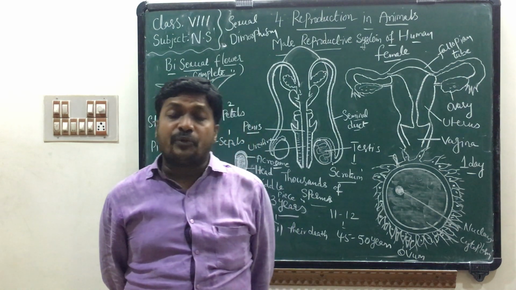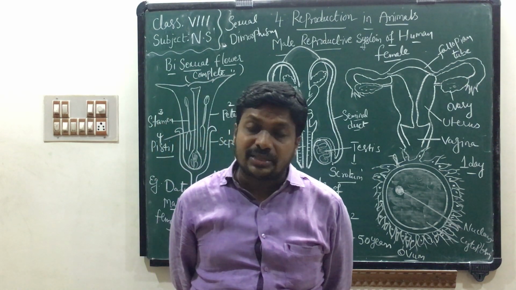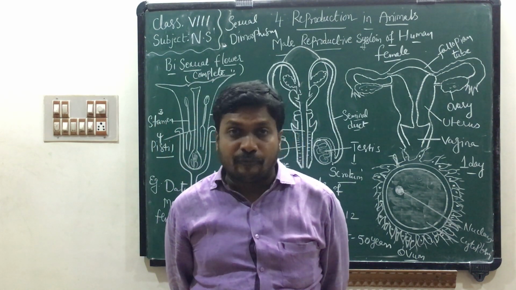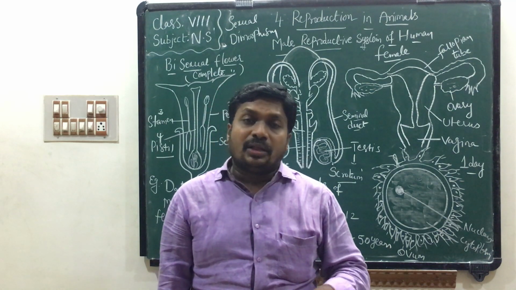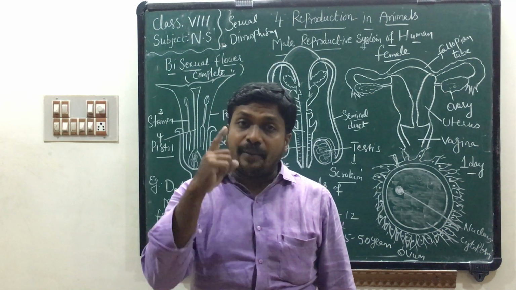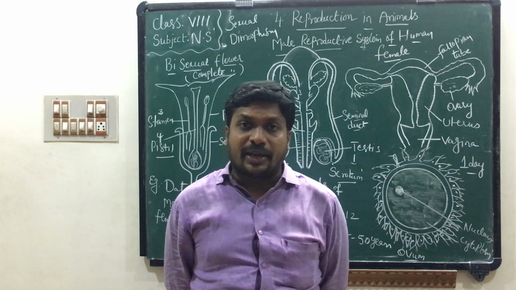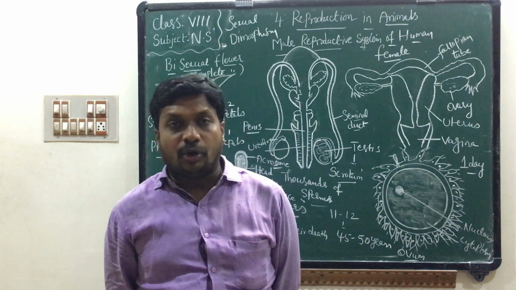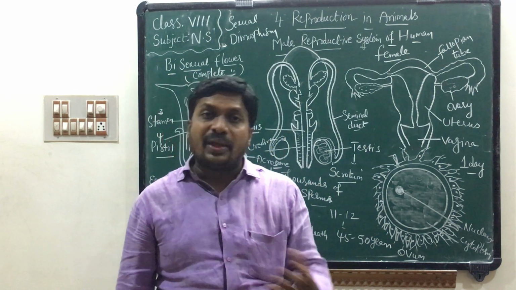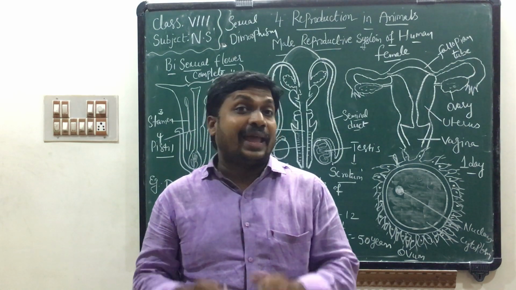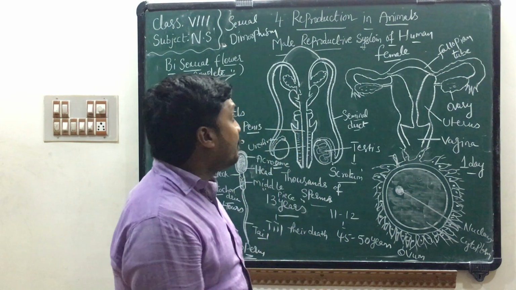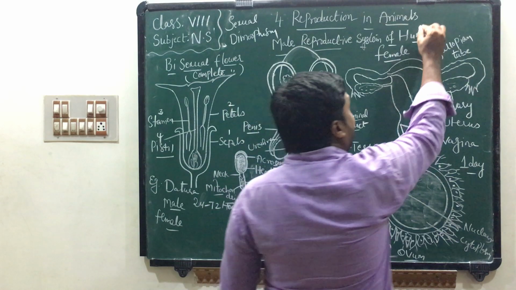Do you know, children? The earthworm is a bisexual animal. This is because it has testes and ovaries in a single animal. In an earthworm, we cannot say whether it is male or female. Why? Because it is a hermaphrodite. What is meant by hermaphrodite?